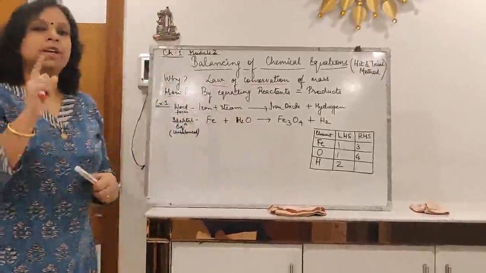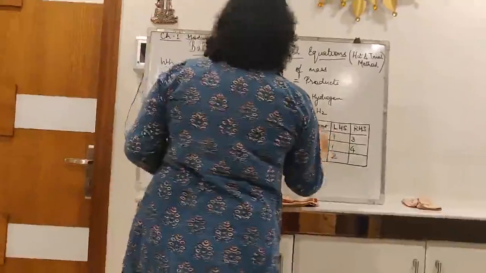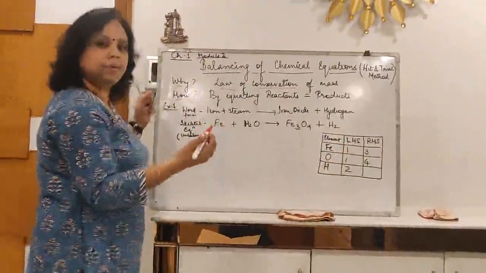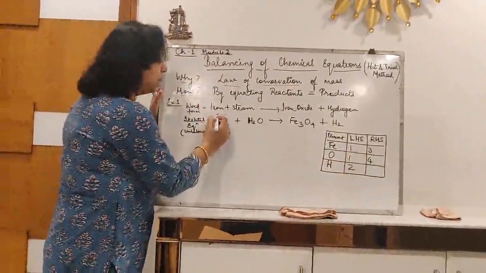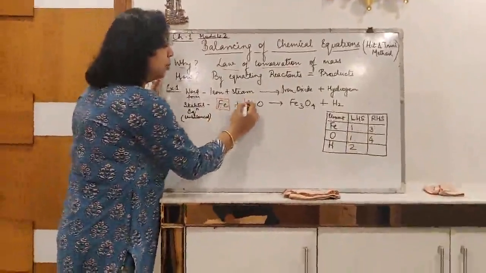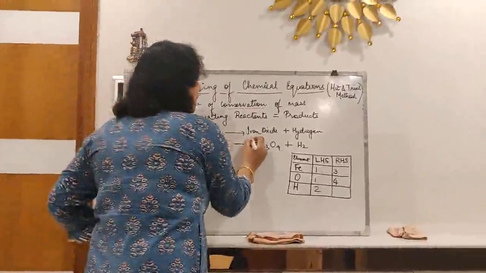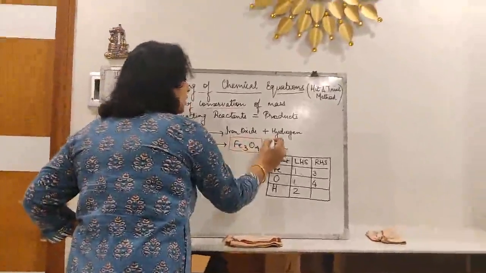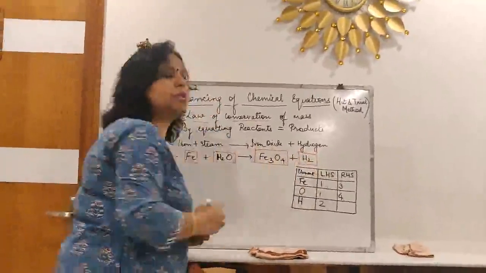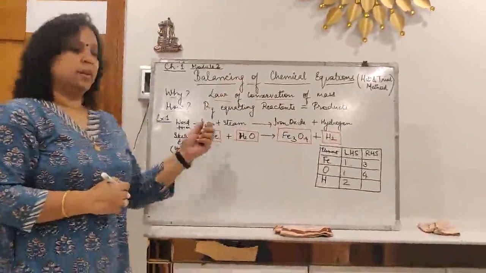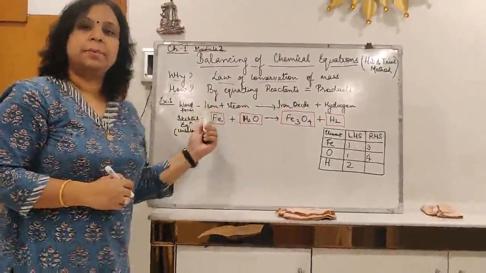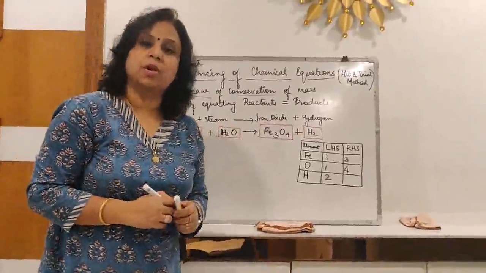Now the first step of balancing. What do we do? We make boxes around all the reactants and products on both the sides. So this is the first step. Why have we made these boxes?